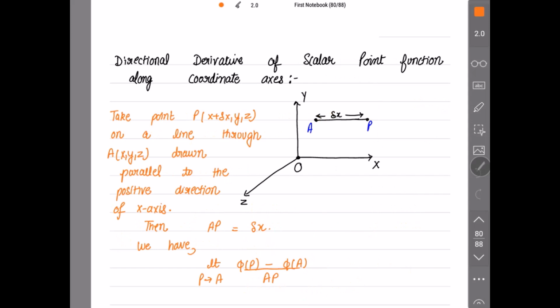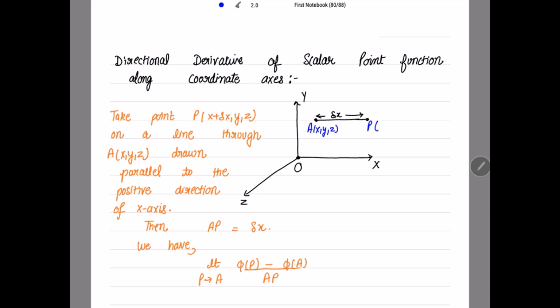After introducing this, we have directional derivatives of a scalar point function along the coordinate axis. Now along the coordinate axis, suppose again this is your orthogonal Cartesians OX, OY, OZ. I have taken a point A and let its coordinates be x, y, z, and another point P, and the distance between them is delta x, the change in x.